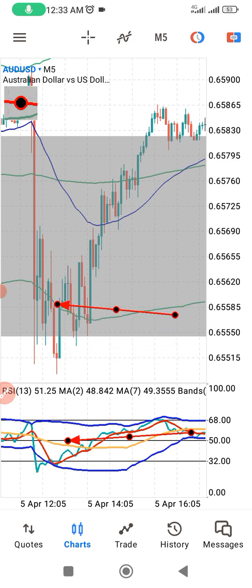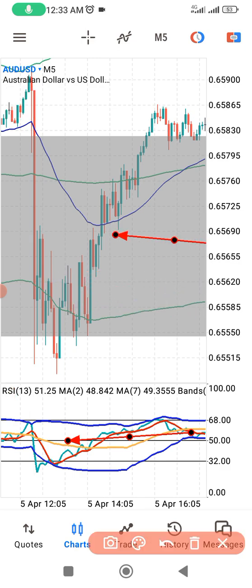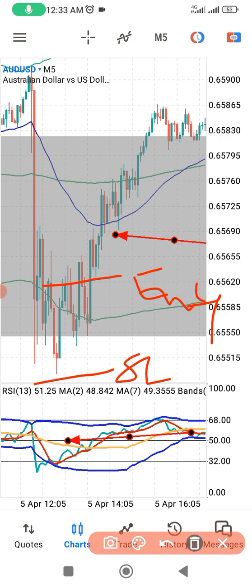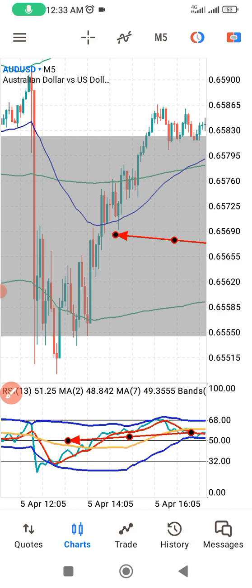You will not make your entry based on this one. You need a follow-up candle, and then here we have a follow-up candle. So after that follow-up candle, you have your entry, you have your stop loss, and you are good to go.